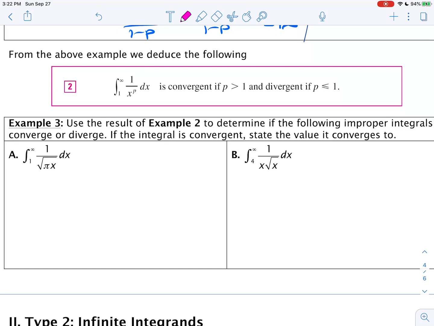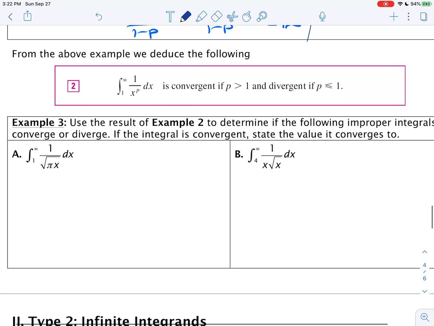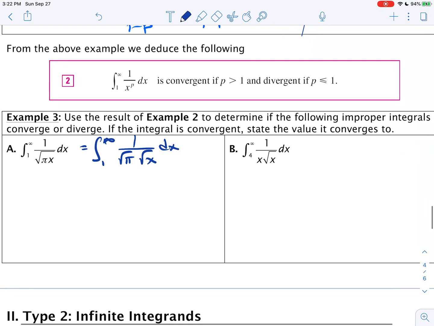All right, so just taking a look at these examples, I'm just going to use my exponent rules, and I'm going to simplify this expression here. The integral from 1 to infinity is going to equal 1 over square root pi times square root x dx.